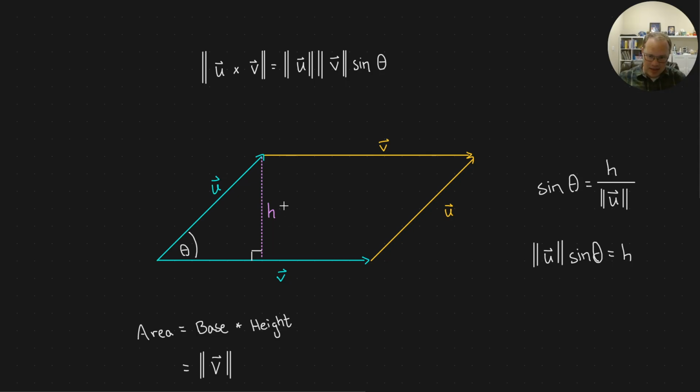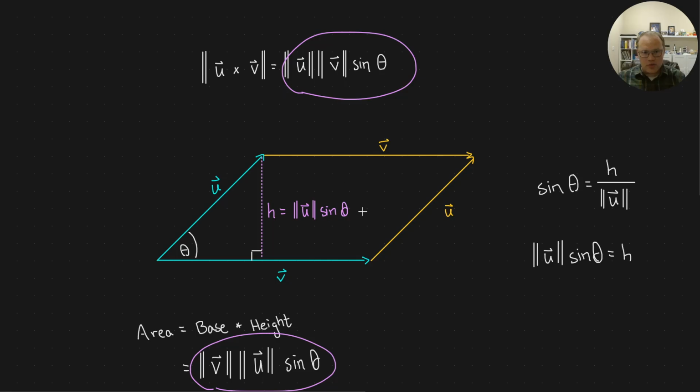That is what the height is equal to. And so if I plug that in for my height here, I get norm of v times norm of u sine theta. And goodness gracious, this formula does look familiar, doesn't it?